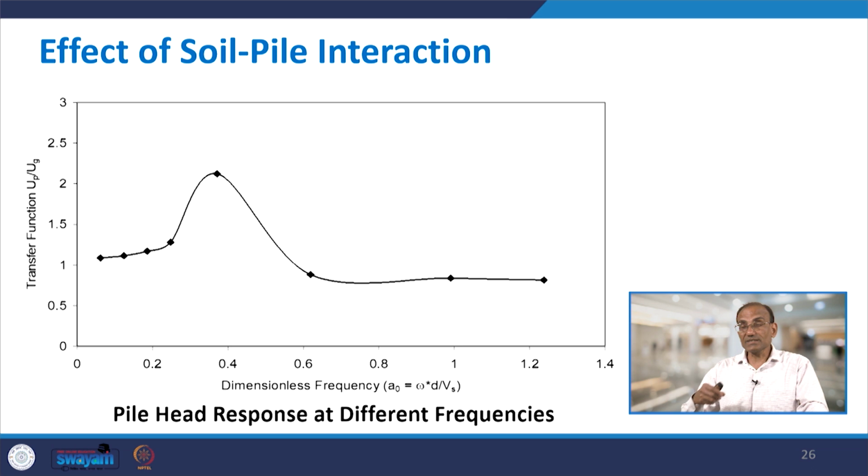Now, if I insert the pile or pile group inside the soil, then the response which I get at the top will be considered as kinematic interaction, and in this case the effect of soil pile interaction is considered. There is a transfer function, that is the response at the pile head divided by the input motion.